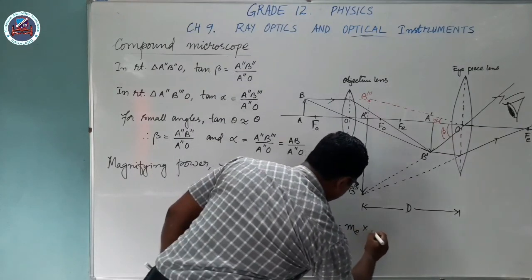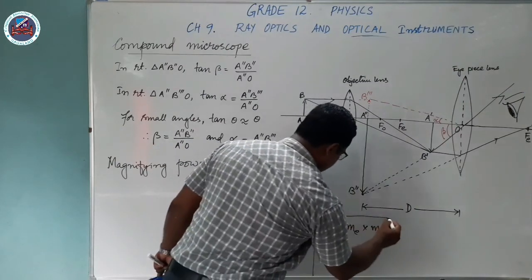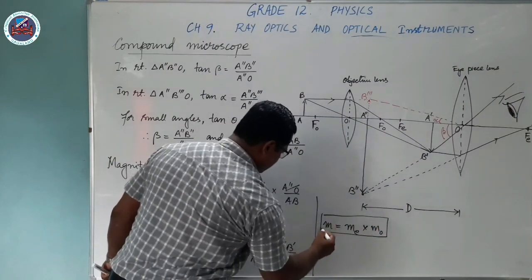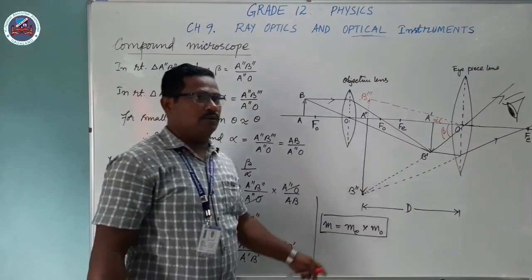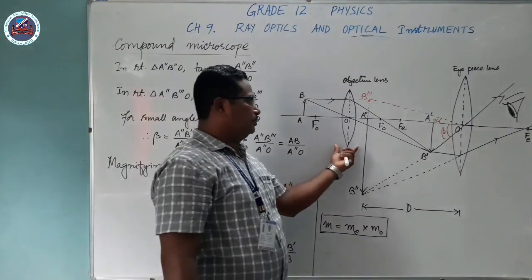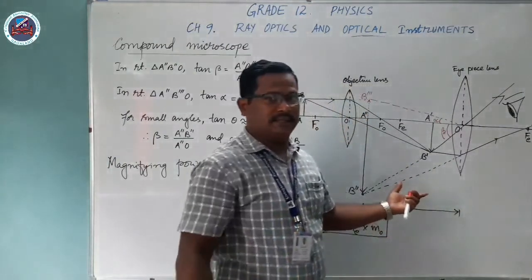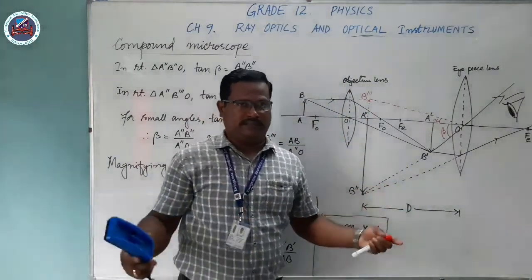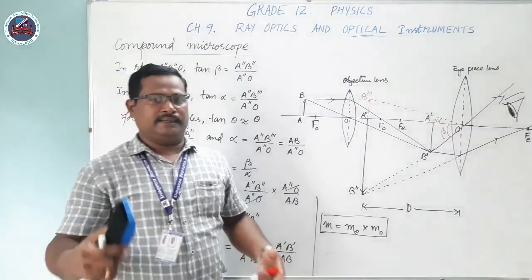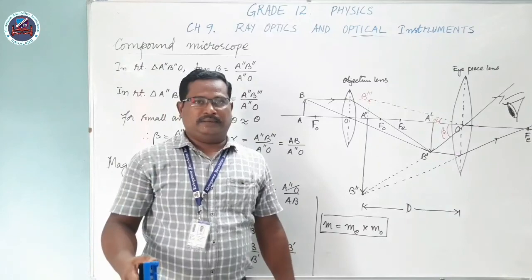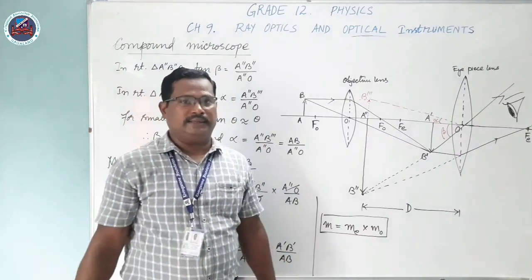So it is ME into MO, or we can remember it like this: the final magnification produced by a compound microscope is the product of the magnification produced by both the lenses. Earlier we discussed that when two or more lenses are in contact or near each other, the equivalent magnification is the product of magnification of all the individual lenses.